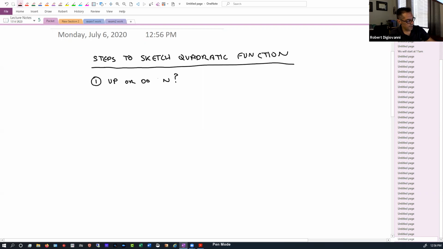And that part should be easy because all we have to do is look at what A is. The second thing we're going to do is find the vertex, using the formula I gave you before. After we find the vertex, we're going to do what I refer to as a quick sketch. And from this quick sketch, you'll be able to answer this question: how many X-intercepts you have.